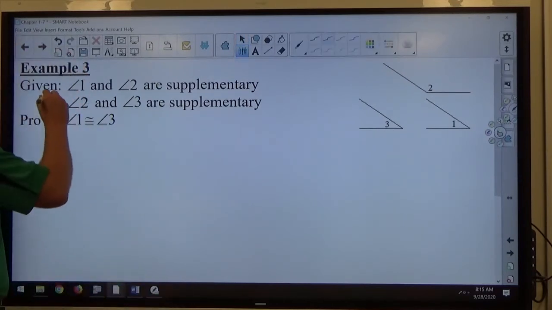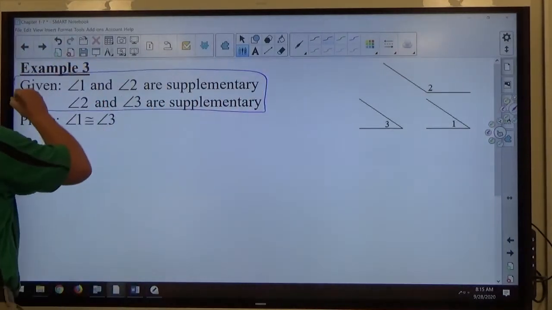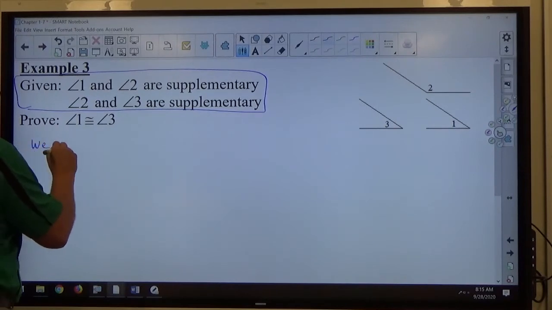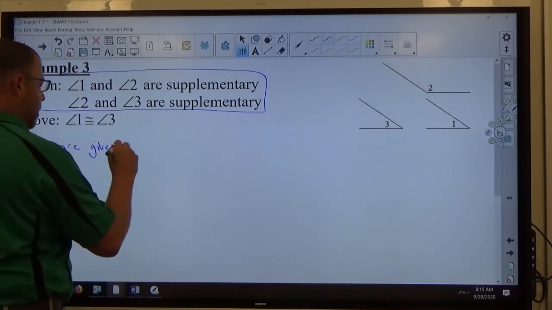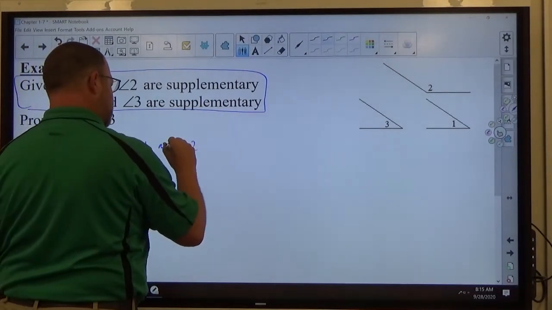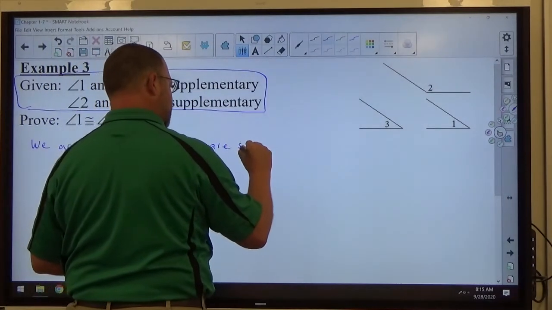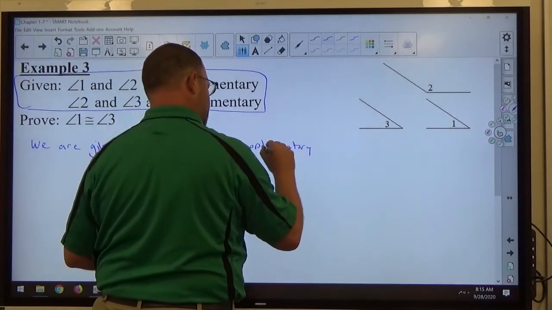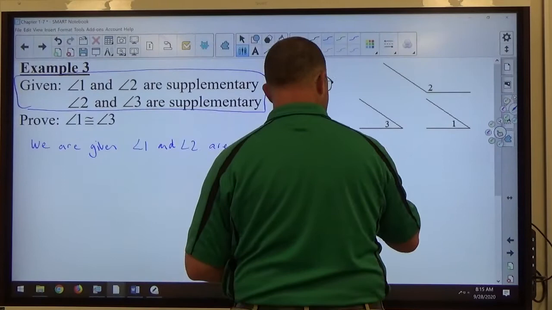So step 1, I take my given information, which is all this stuff here, and we'll write, we are given angle 1 and angle 2 are supplementary. And angle 2 and angle 3 are supplementary.